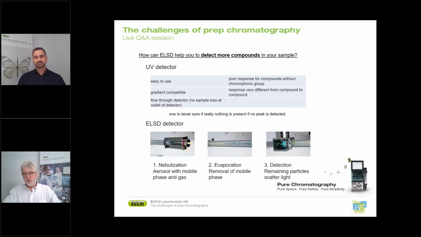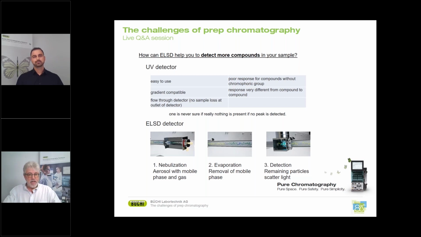Let's have a look at what customers typically use in their lab. So I believe that everybody is familiar with the UV detector. The UV detector is really the workhorse in many labs for different reasons. It's a very easy to use detector.